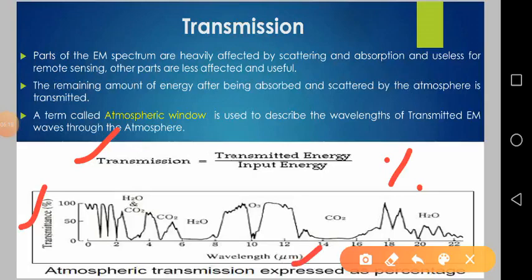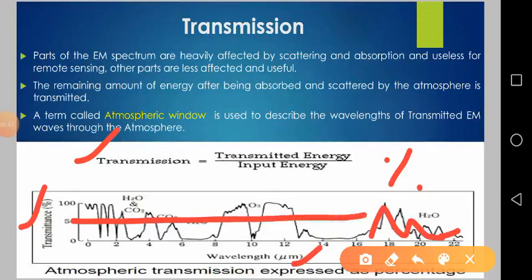As we can observe from this figure, the water present in the atmosphere can transmit waves of somewhere around 18 to 20 or 21 micrometer wavelength. We can read the transmittance here as almost above 50% only.